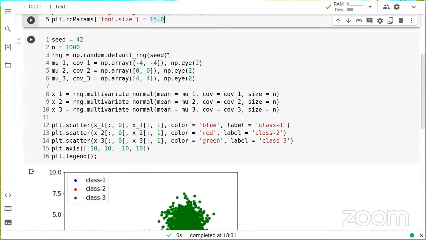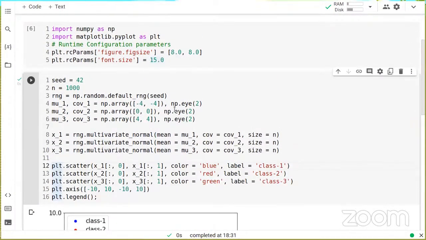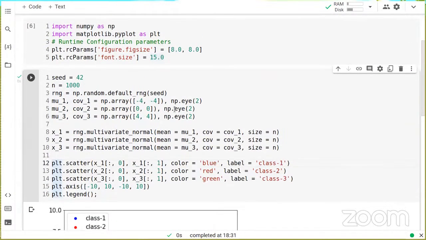Okay, so one suggestion for when you learn a library is to focus on the smallest number of commands or methods that will give you maximum control over what you want to do, right?